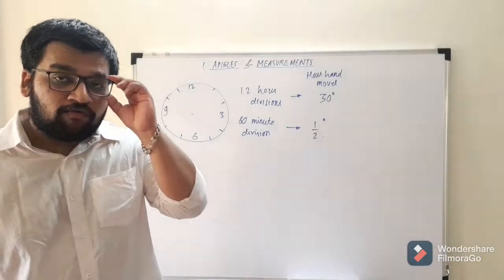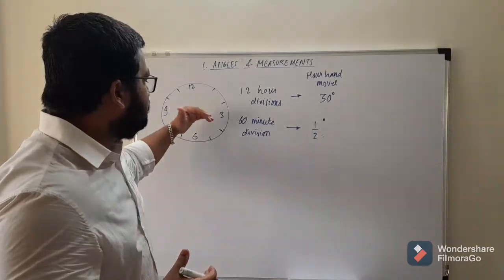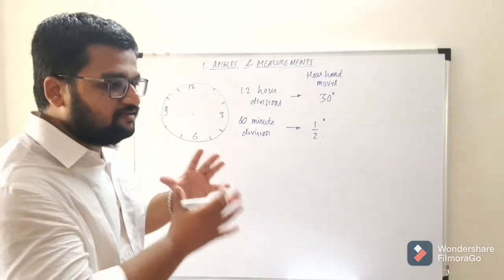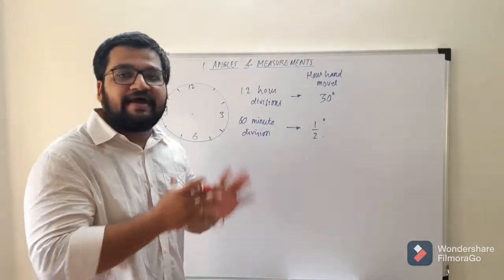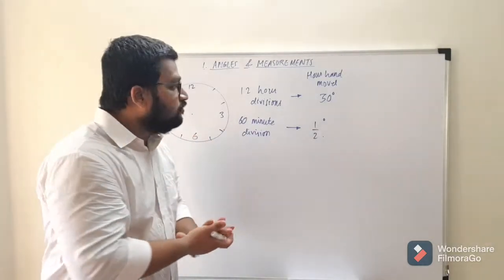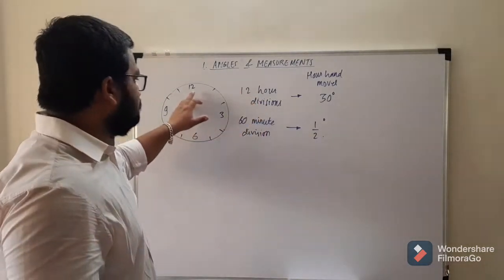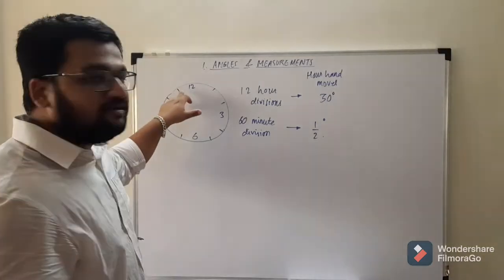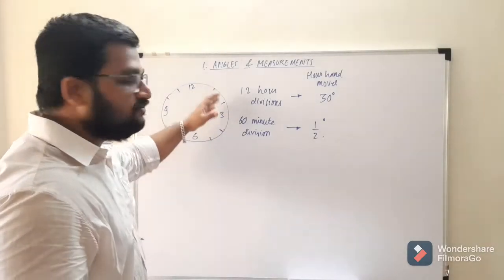Now we will see how to calculate the angle between the hour hand and minute hand of a clock. They will give us a certain time, that is, some hours and some minutes, and we have to calculate the angle between those hands. Just consider this. There are 12 hour divisions, that is 1, 2, 3, 4, 5, 6, 7, 8, 9, 10, 11, 12, and 60 minute divisions, we know that.